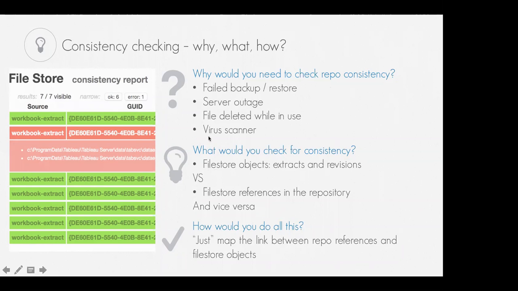Or we saw that sometimes a virus scanner uses the files, or other processes use the files, and Tableau is not able to delete things, especially with embedded access. It happens sometimes.